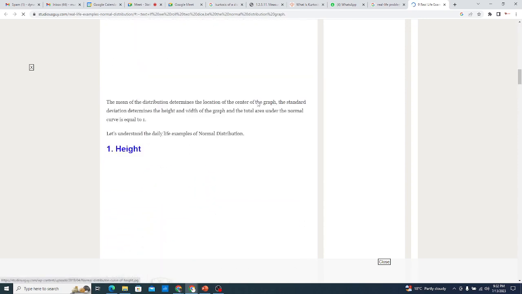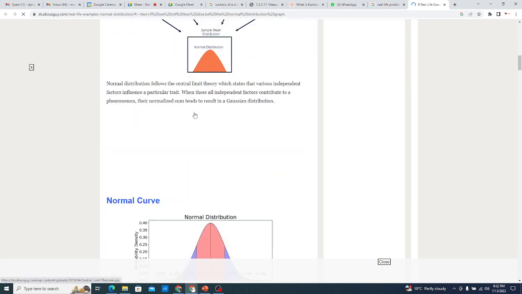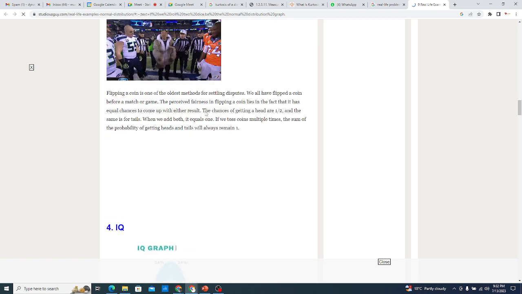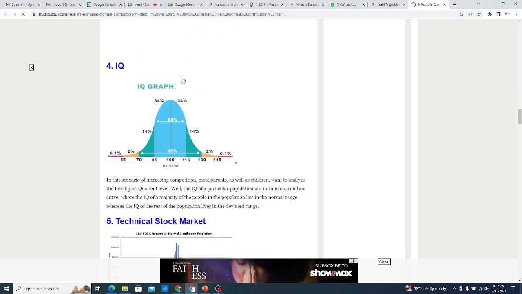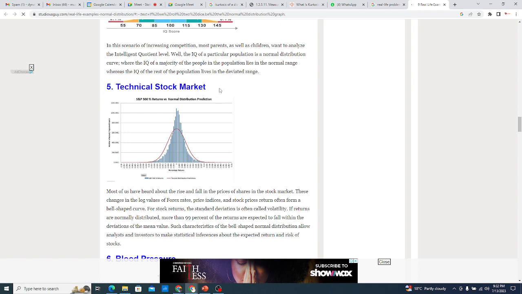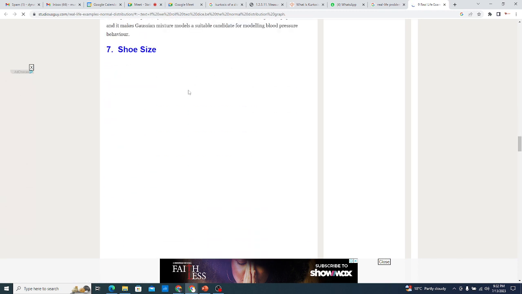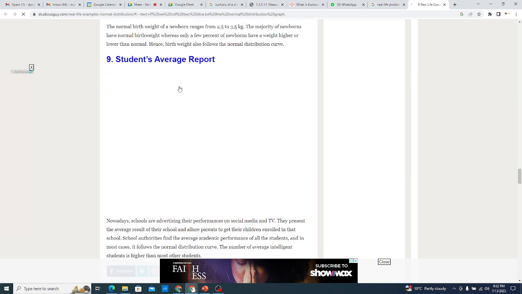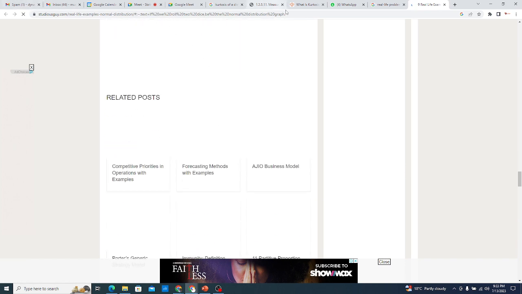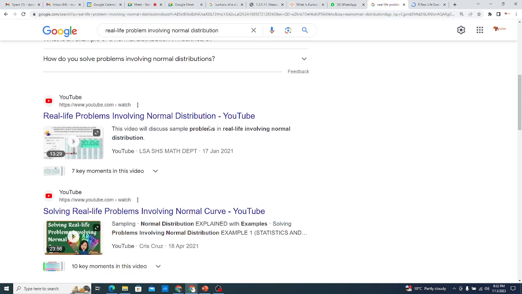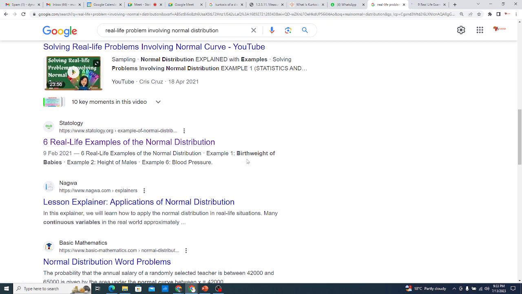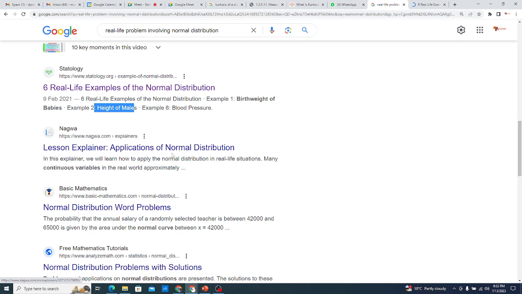I guess we saw this yesterday: rolling dice, tossing a coin, IQ, the stock market, blood pressure, shoe size, birth weight, student average reports. I guess we had discussed this. Let me see if we have other applications. I can see they are almost repeating themselves.